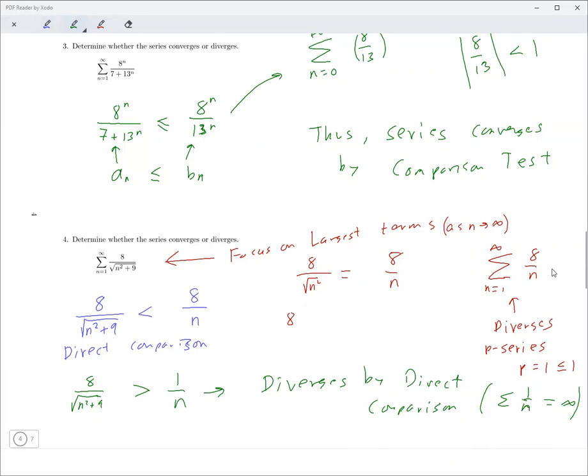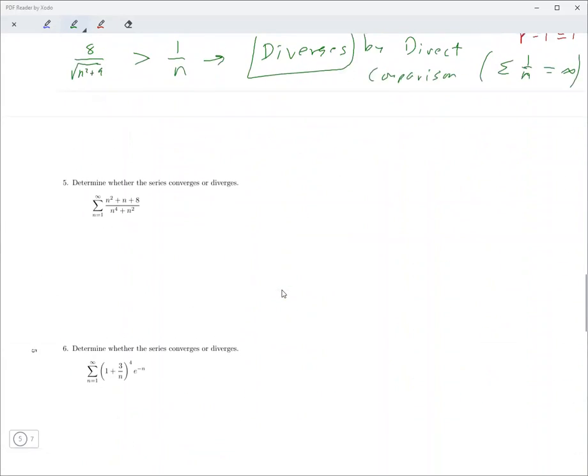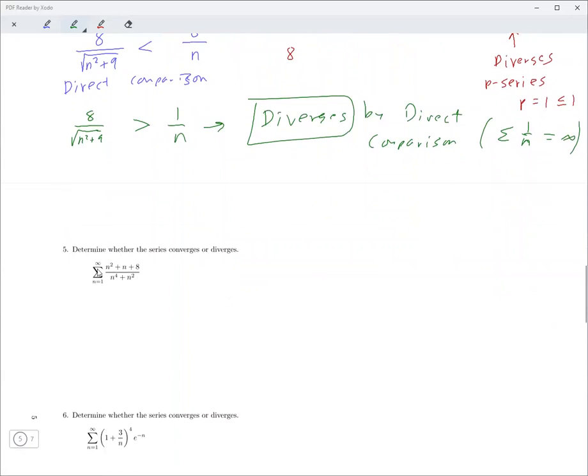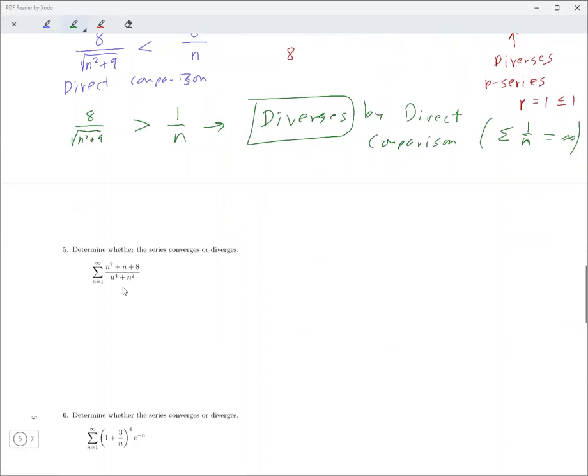I ran out of space, darn it. I won't do it on this problem, but I'll do it on this problem here. I'll use limit comparison.